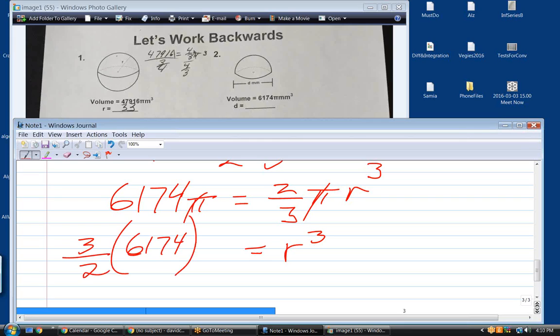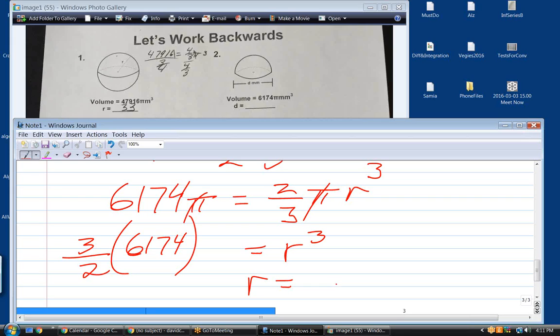Go ahead and get that number. To take the cube root of that, raise that to the 1/3 power. What do you get for r?